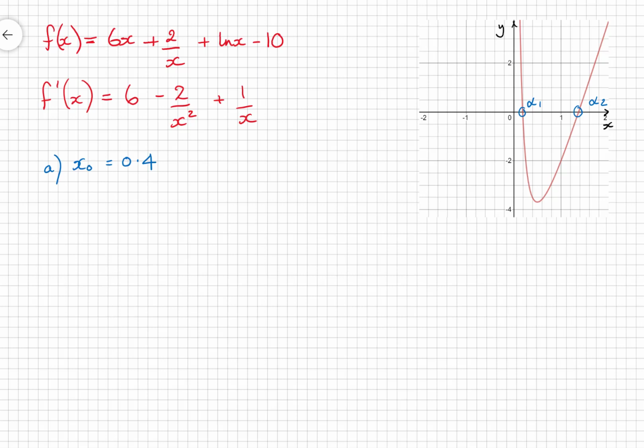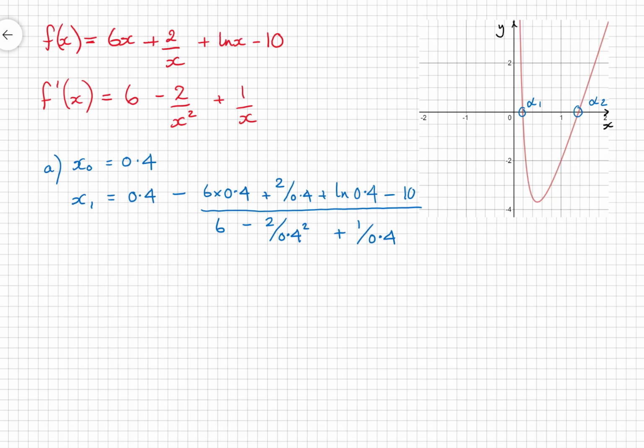So we're going to put that into the Newton-Raphson relationship so that our next value is 0.4 minus, and then on top f of x with x substituted with 0.4 throughout, over f dash of x, where x is again substituted for 0.4. And when we evaluate that, we find that x1 is equal to negative 0.47907.